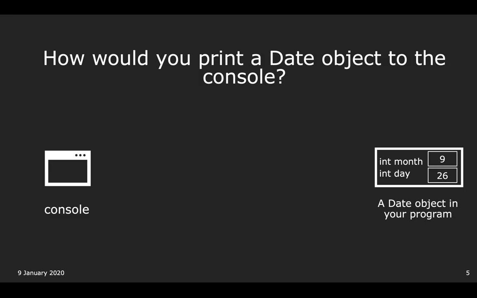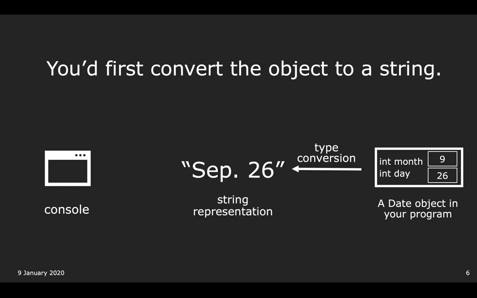So just to think about, suppose you had an object called date. We haven't covered objects yet, but I assume if you were from Java or from Python, you know that these objects exist. Suppose you wanted to print this object to the console. How would you do that? Well, there are two main steps you have to do. One is you have to first convert this object in your program into a string.